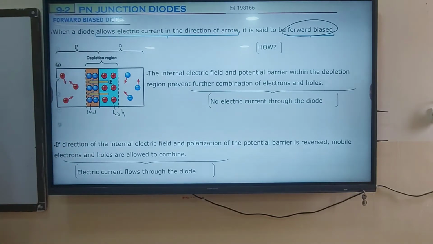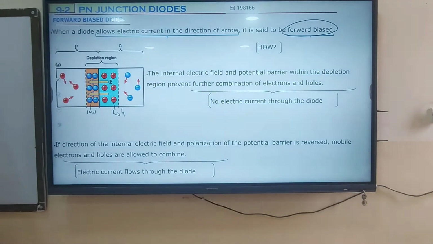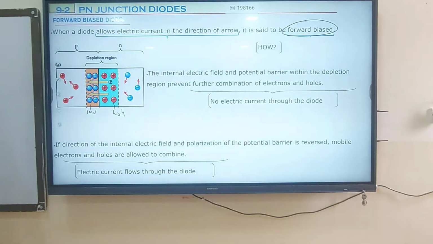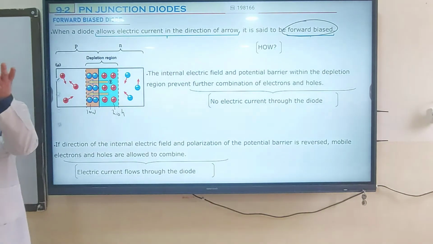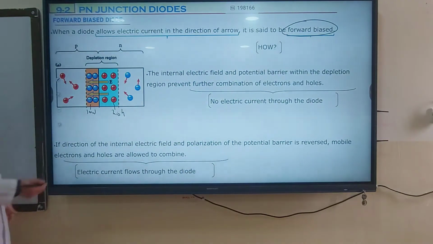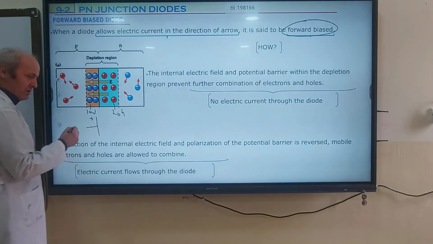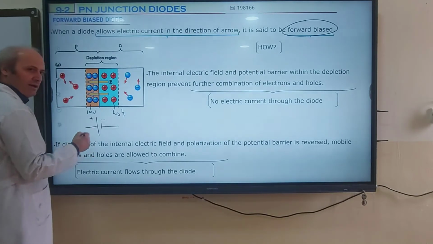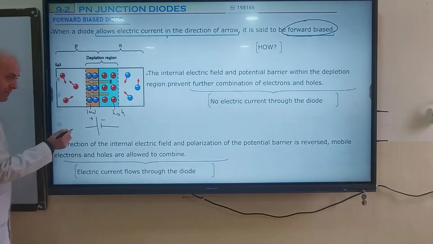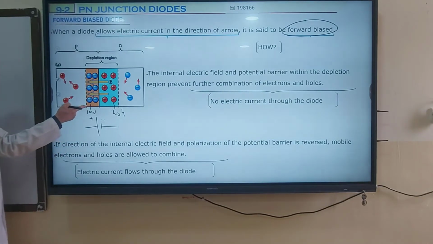What if I shift this potential difference by using a battery? I can use a battery. I know a battery has a positive terminal and a negative terminal.